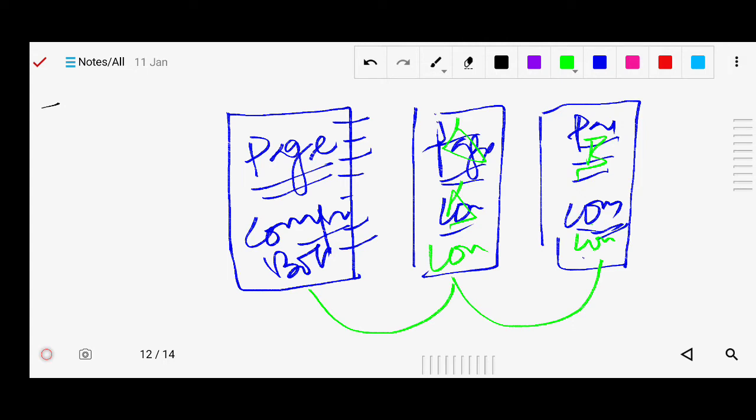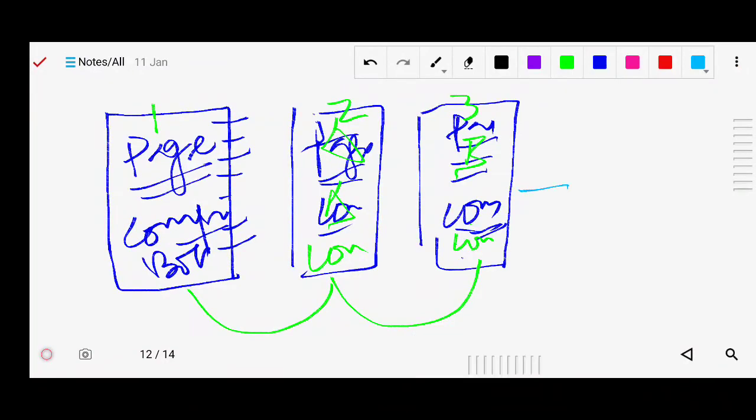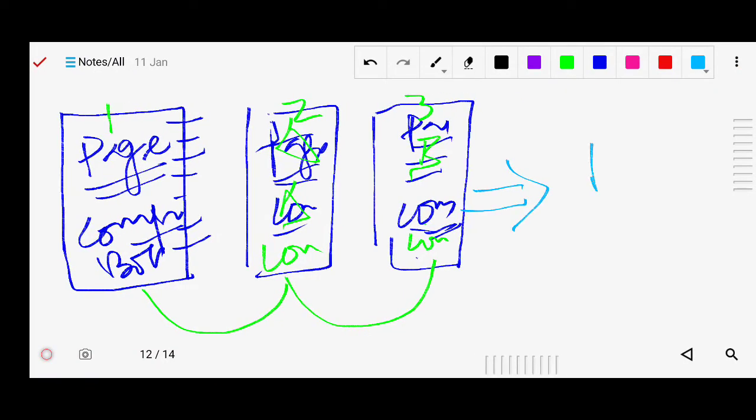So all together, we have arranged page number 1, page number 2, and page number 3. After arranging all these pages, it became one book, and it is a book of computer.